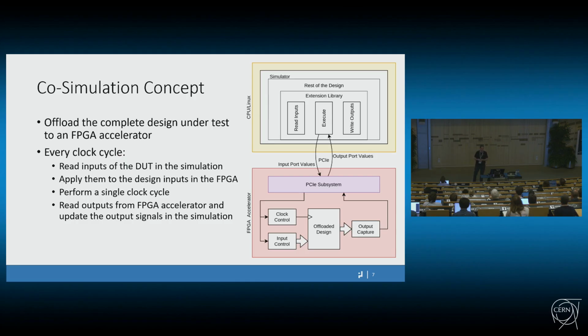So now let's talk about the co-simulation concept. My idea is to just offload the device under test and put it into an FPGA and connect the input ports of the design in the simulator with the input ports in the FPGA, and do the same for the output ports.